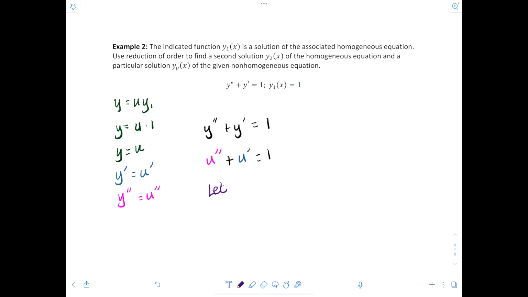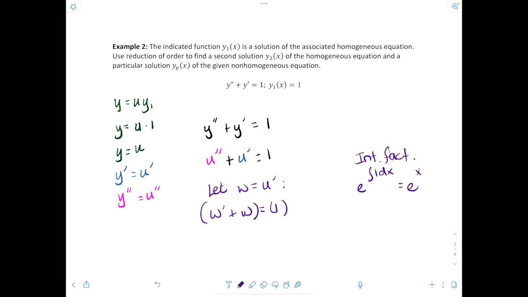If we let w equal u prime, we'll have w prime plus w equals 1. This is linear in form, so our integrating factor is going to be e to the x, because 1 is the coefficient of the w.